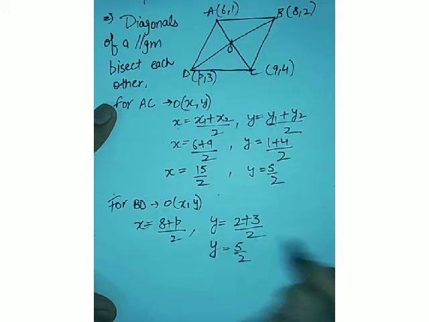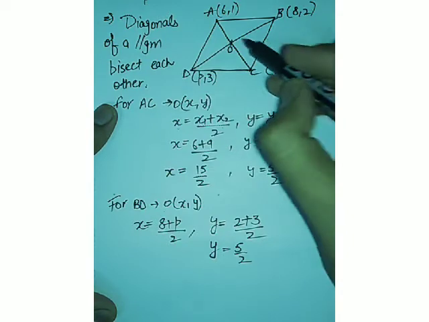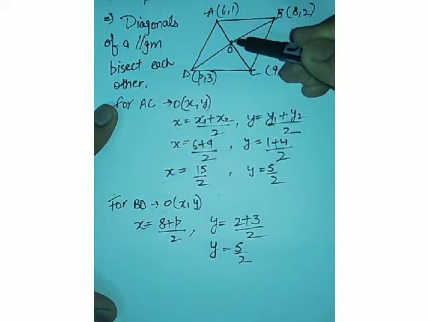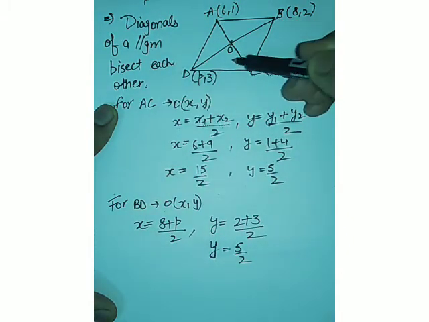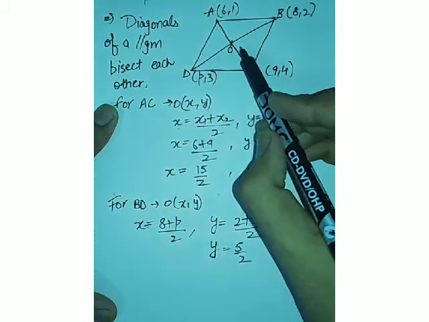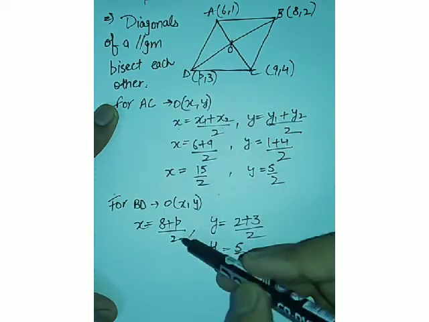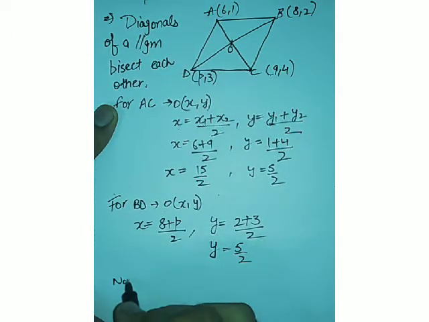Now you can see that the y coordinate is equal for BD as well as AC, and it has to be equal as O is coinciding. O is same for AC as well as BD. So that's why x and y coordinates of O will be coinciding. If y coordinates are equal, then x coordinates will also be equal.